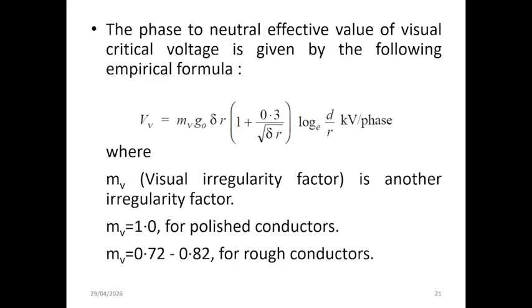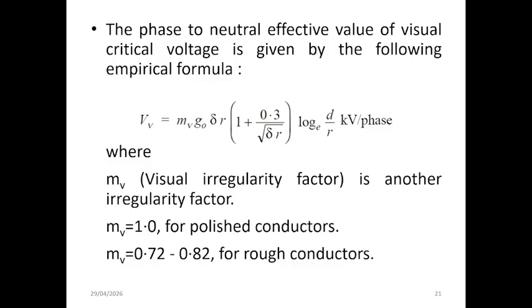In this formula, MV is introduced as the visual irregularity factor, which adjusts the voltage level at which the corona glow becomes visible. For perfectly polished and smooth conductors, MV is equal to 1, indicating no reduction in performance.